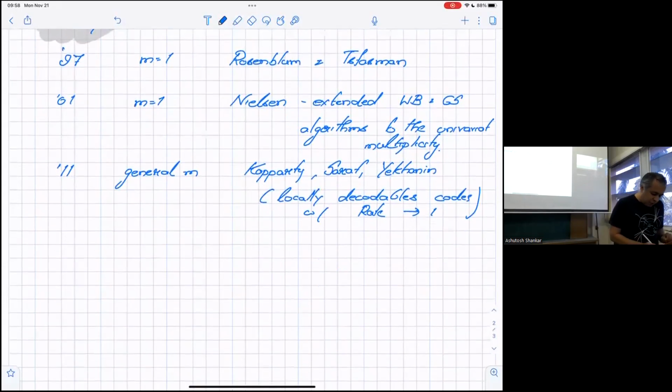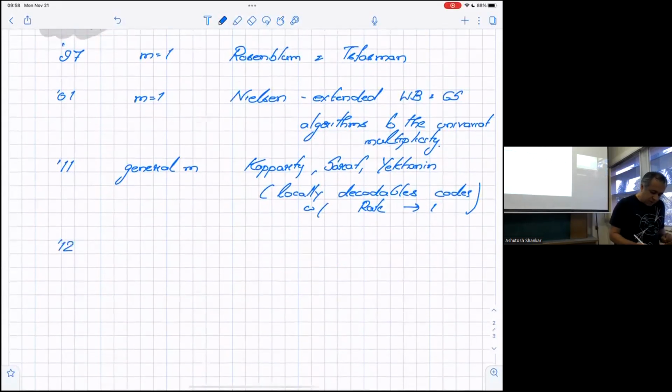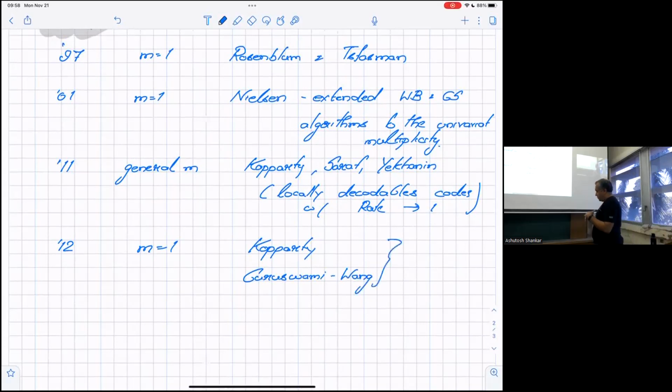This was immediately followed in 2012. Again, this was the n equals 1 case, in which Guruswami and Wang sort of showed that multiplicity codes were really univariate multiplicity codes.